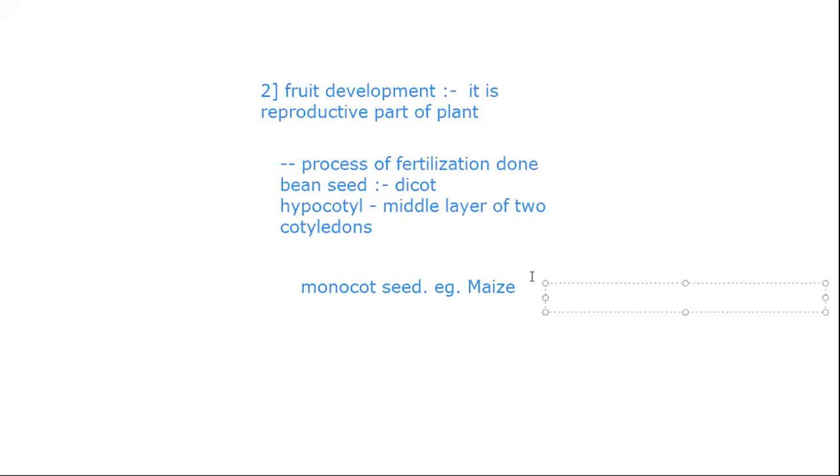significance of seed and fruit formation. Okay. After that, significance of seed and fruit formation. This will be clear. Okay. Then last but one, we will study the significance of fruit and seed.